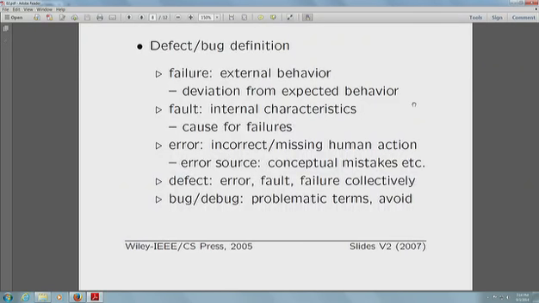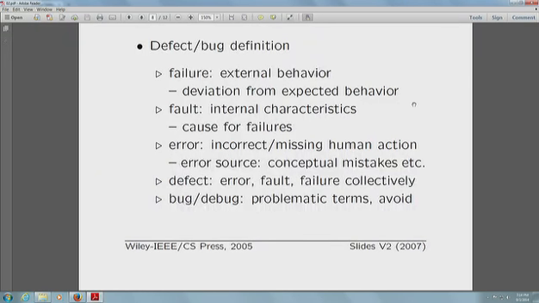So because of some errors, the missing or incorrect action, there are some faults committed into your system, in the form of code, in the design, and in some other system elements. And those elements, when triggered, will have a behavior that deviates from the user's expectation.